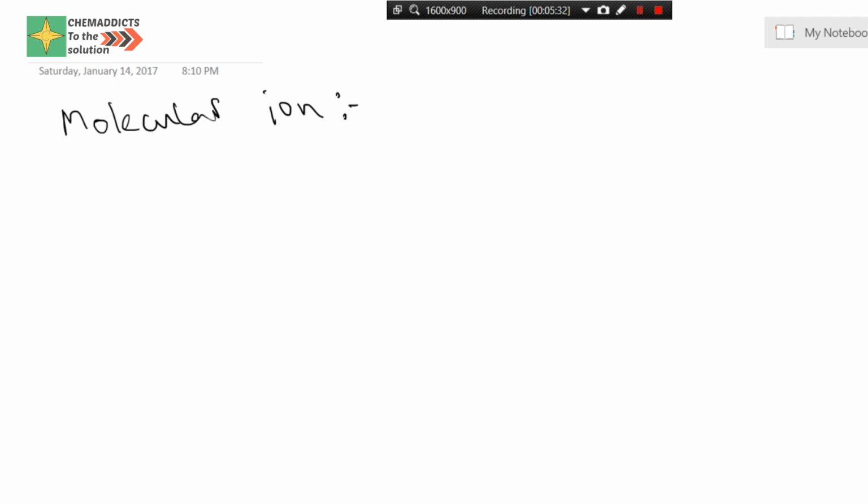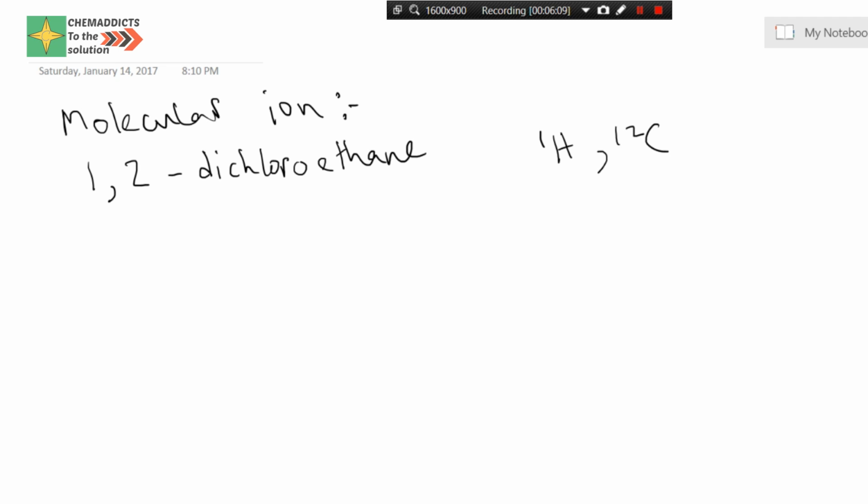Given that the name of the compound is 1,2-dichloroethane, and since we are assuming the only isotopes present are hydrogen 1, carbon 12, chlorine 35 and chlorine 37, these specific isotopes are present over here.